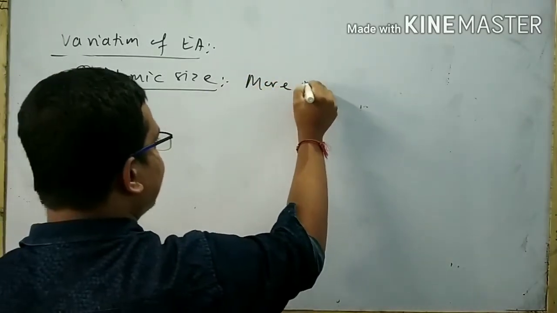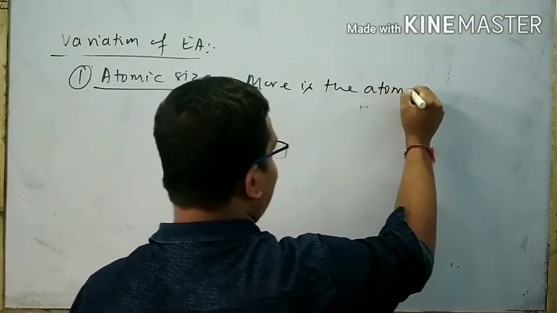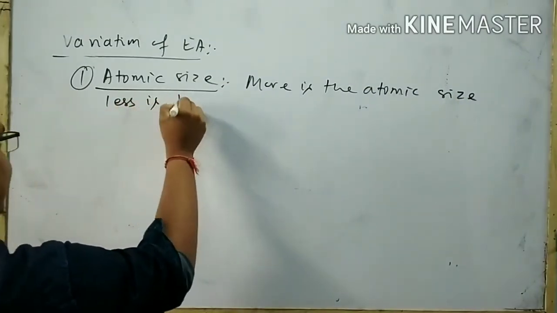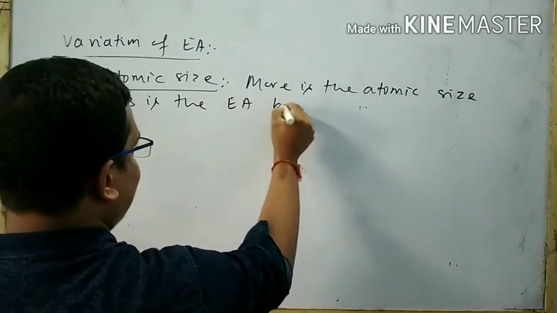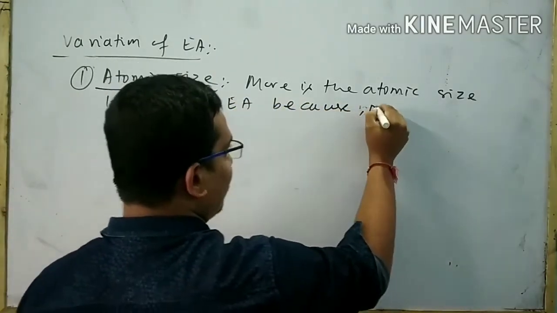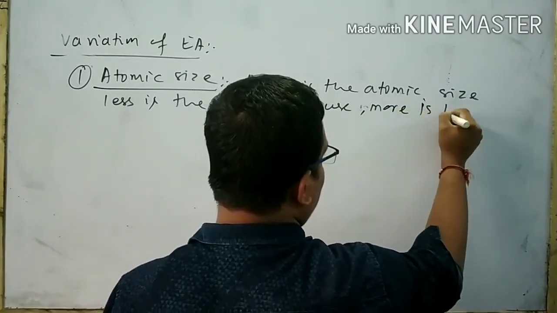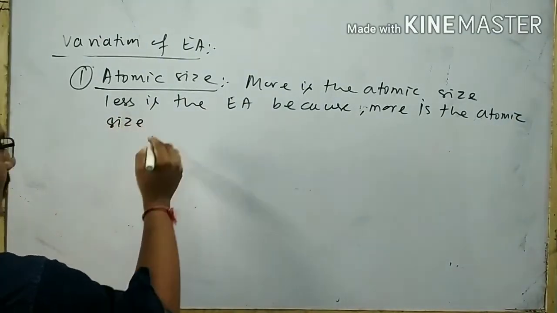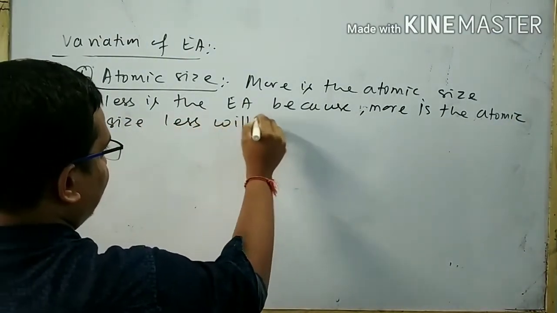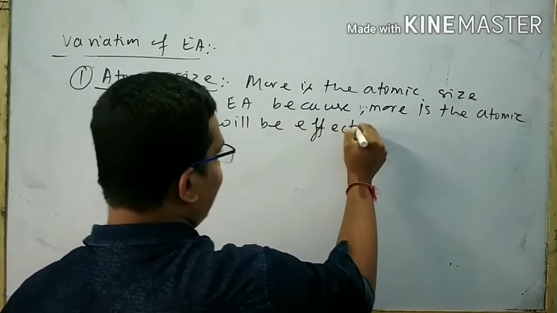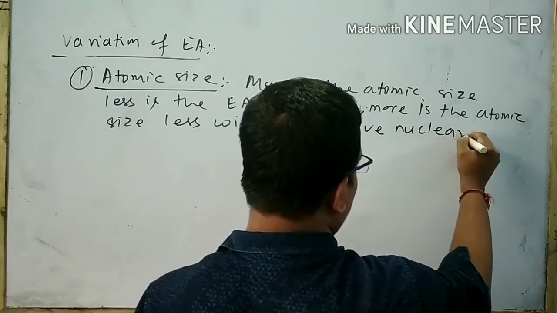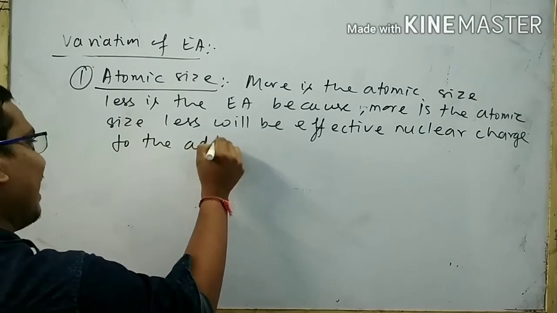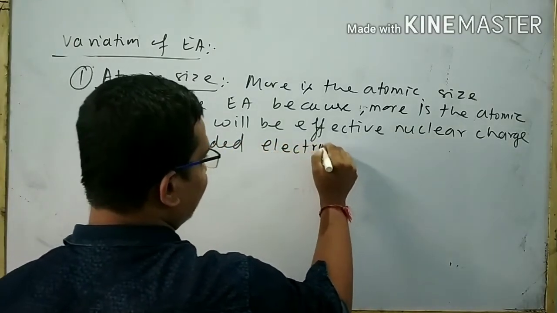More is the atomic size, less is the electron affinity, because more is the atomic size, less will be the effective nuclear charge to the added electron.